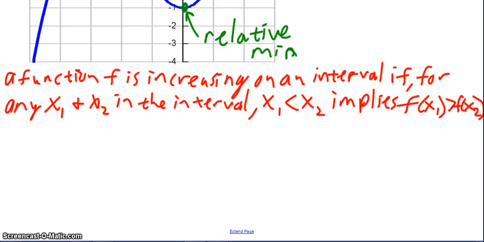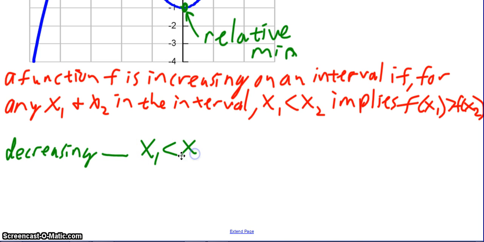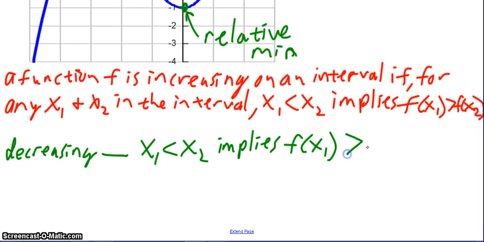The same thing is true for decreasing and constant, so I'm going to shorten it up a little bit for those. So for decreasing, a function f is decreasing on an interval if for any x1 and x2 in the interval where x1 is less than x2 implies that f of x1 is greater than f of x2.